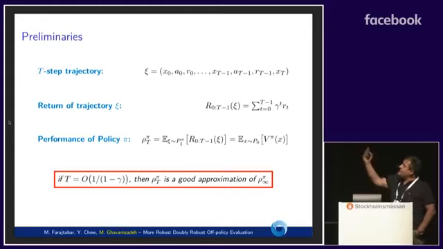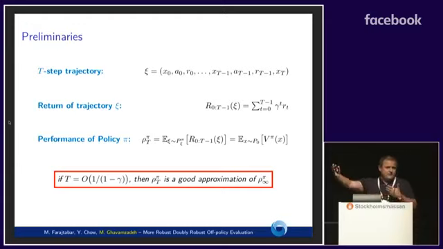For a trajectory C, the return of that trajectory is the discounted sum of the rewards that we observe along that trajectory, which we denote with capital R. When we have a policy, its performance is a scalar, which is the expectation of the returns of the trajectories generated by that policy.